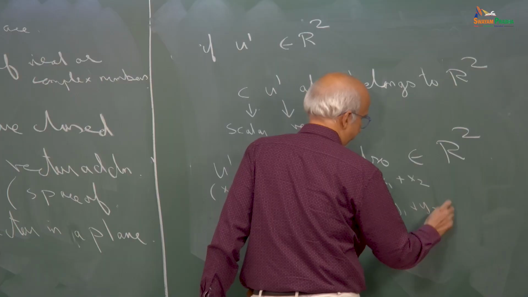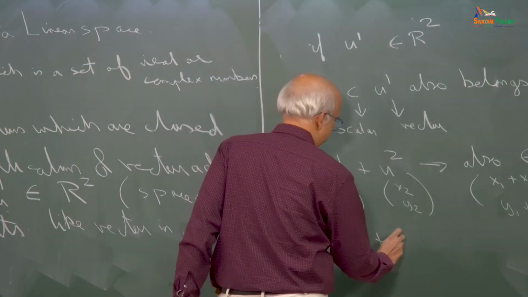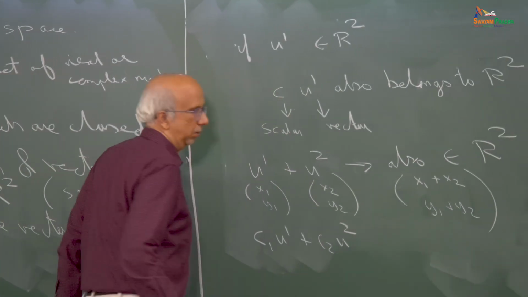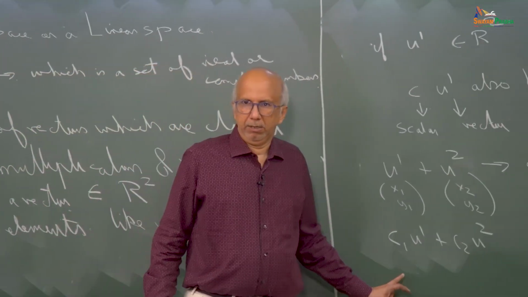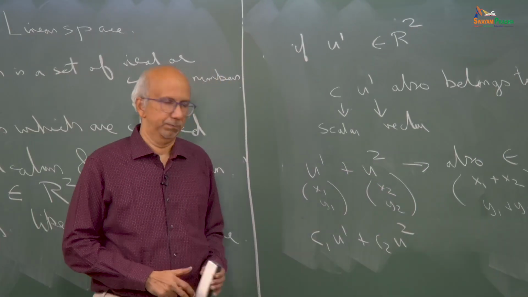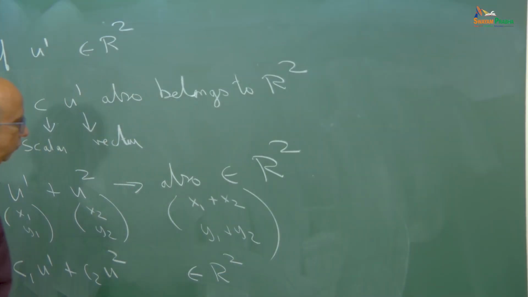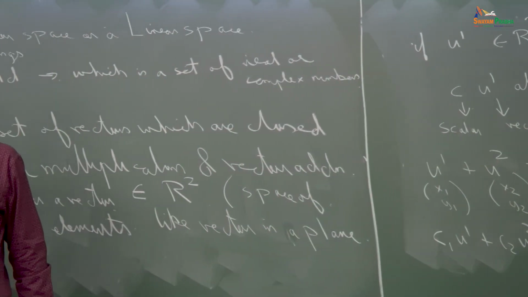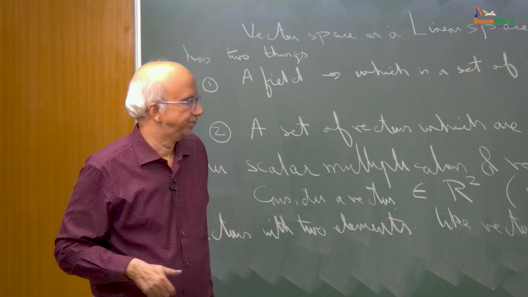And you can do the same thing. You can do C1 U1 plus C2 U2, scalar multiple gives you a vector, and then this also gives a vector, add, again this also belongs to R2. So, that is what I mean by closure. I am not going to get a vector in R3 which has 3 elements.